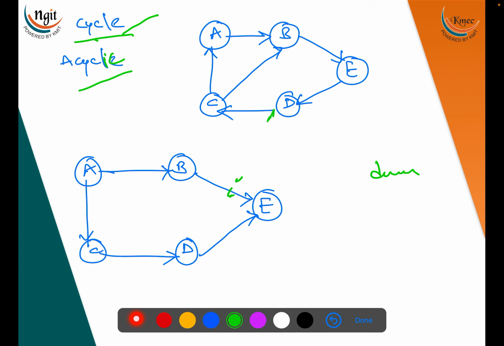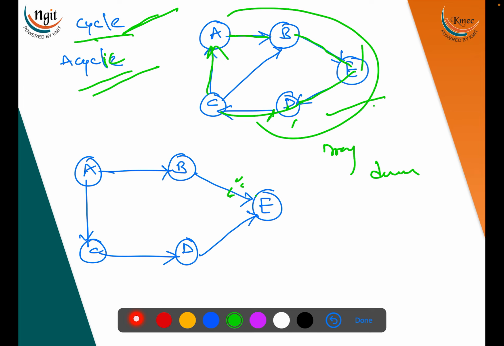Both are directed graphs, but a cyclic graph will have a cycle. Cycle means there should be a direction from one vertex, it has to go to other vertices, and it should come back to the same vertex. Then it forms a cycle, right? So it is a cyclic graph.